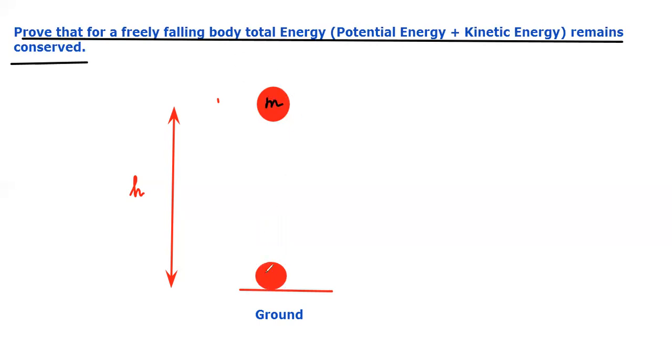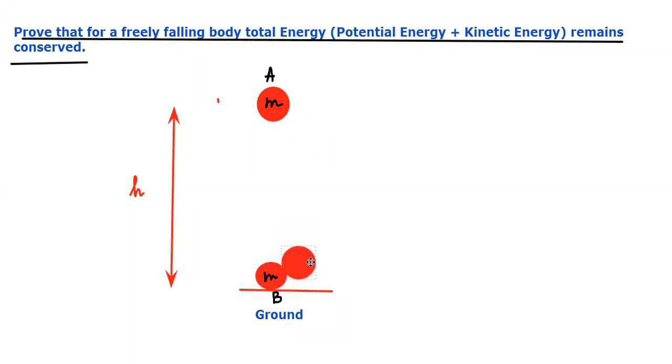Suppose the mass is m, and I consider this topmost point to be A, and the lowermost point when it hits the ground to be B. Now one thing we have to understand: when the ball was moving from the highest point to the lowest point, initially the velocity of the body was 0. After that, it strikes the ground with the maximum velocity.